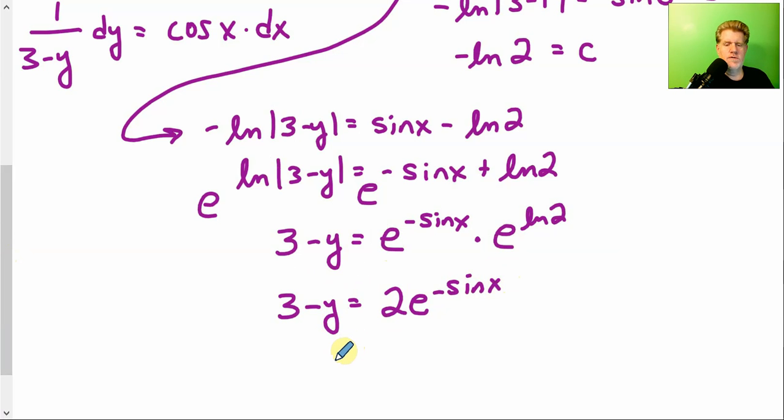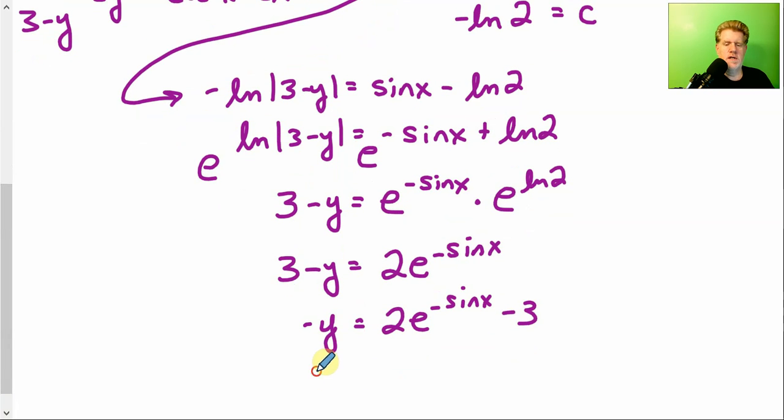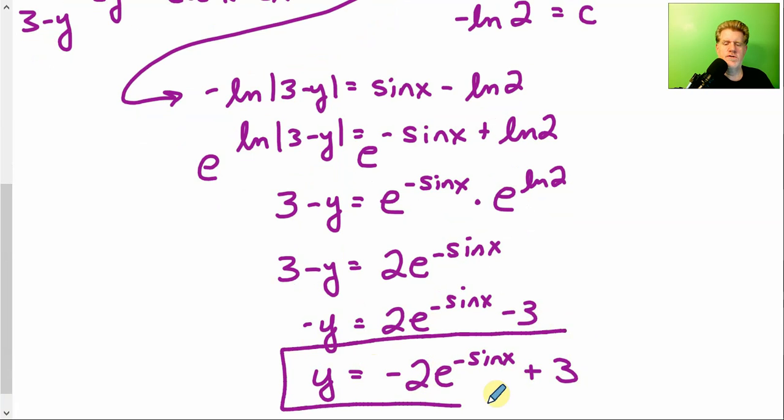And then I'm going to subtract 3. And one more step: solve it for y. And there I have the particular solution to that differential equation.